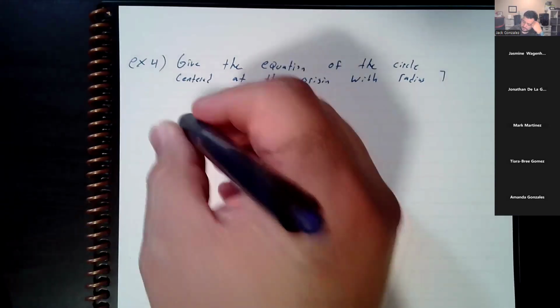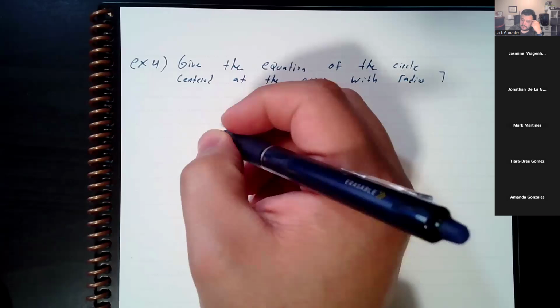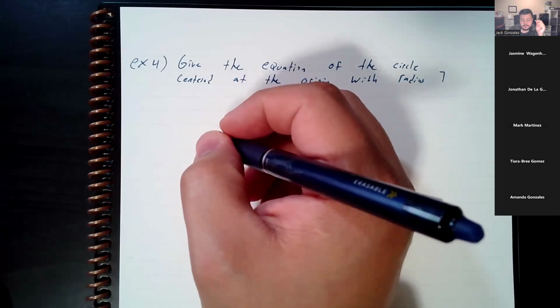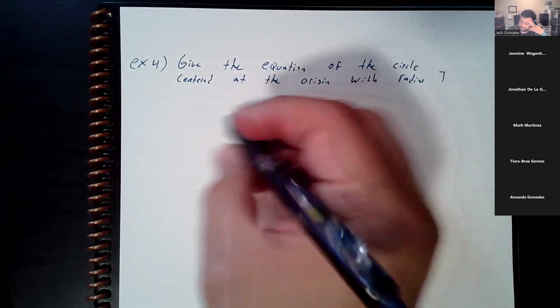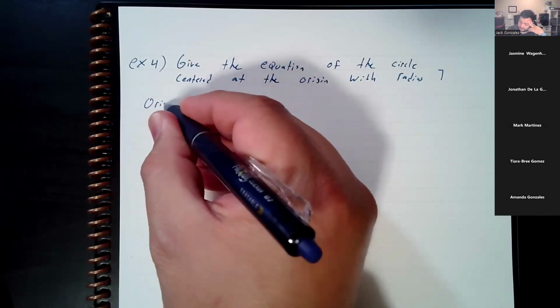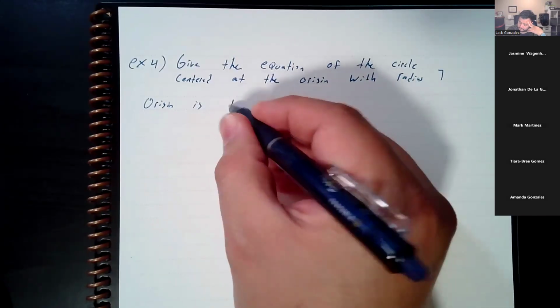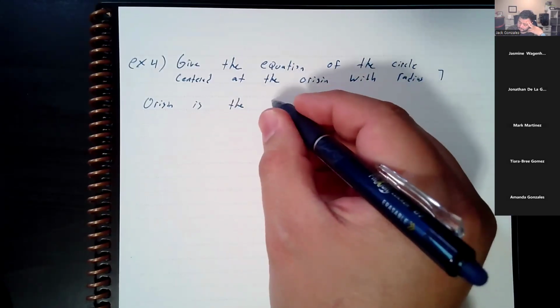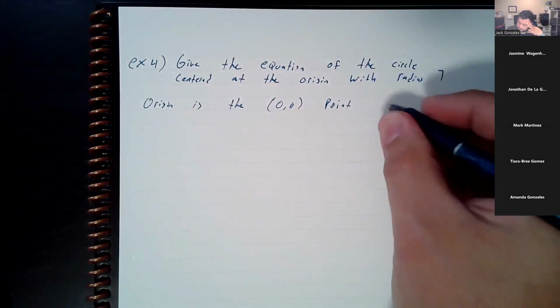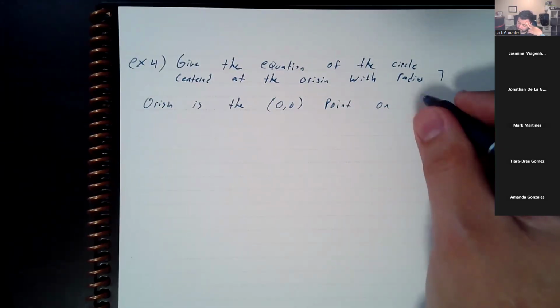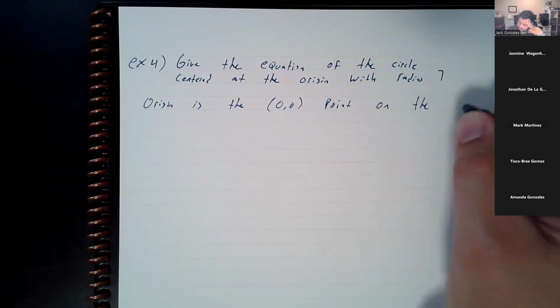So just the center of your, whenever you graph something, the middle part, the 0, 0, is your origin. So origin is the 0, 0 point on the XY plane.